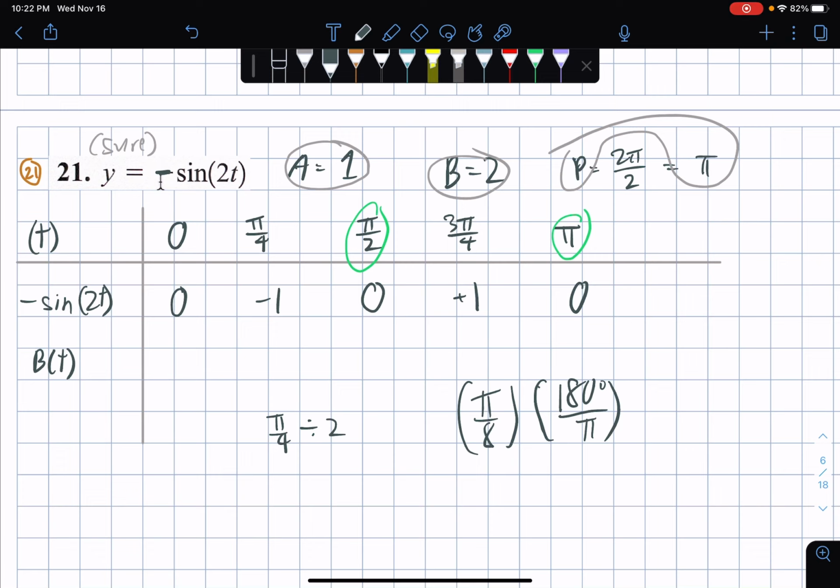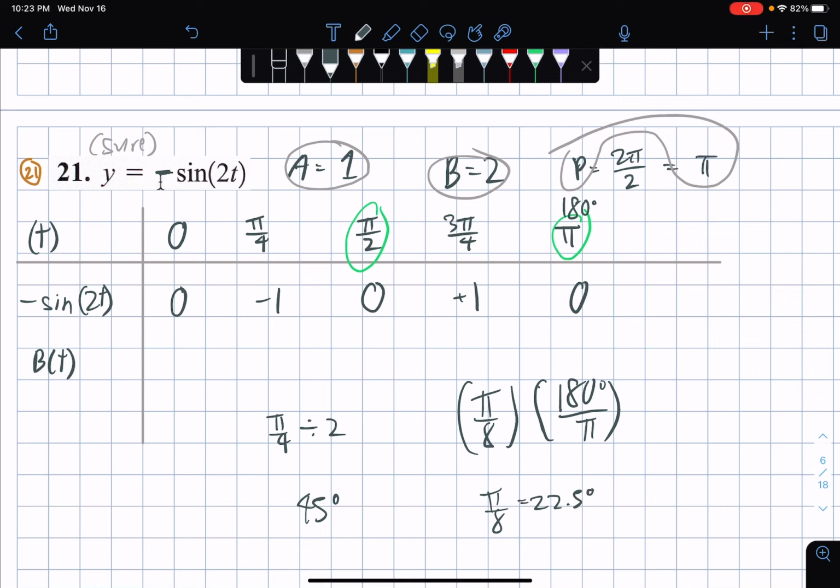Okay, so pi over 4, in degrees, is 45 degrees, provided that pi is an equivalent of 180 degrees, and that pi over 8 in degrees is 22.5 degrees.